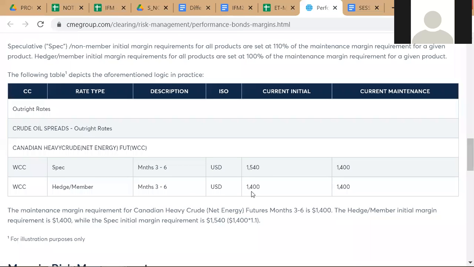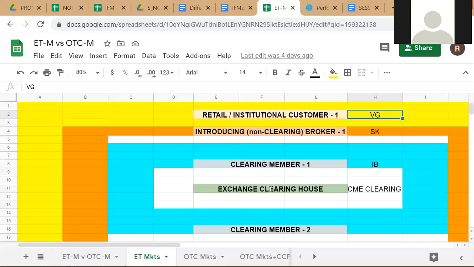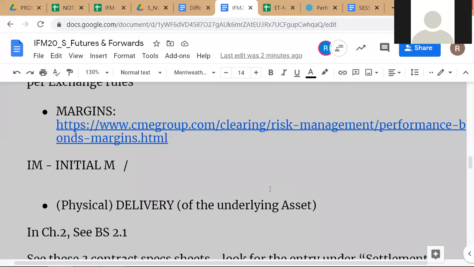You can see the difference. When the margin per contract for speculative customers is 1540 initial margin, the margin for the hedgers and the members is 1400. Okay. So when you look at margins, we can talk about three types of margin.